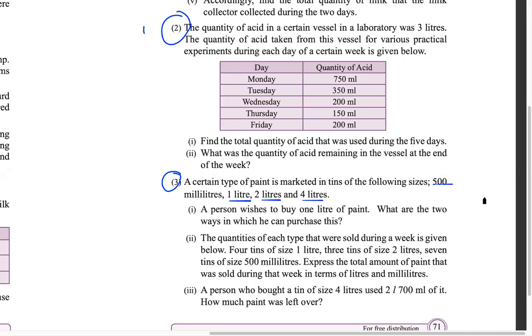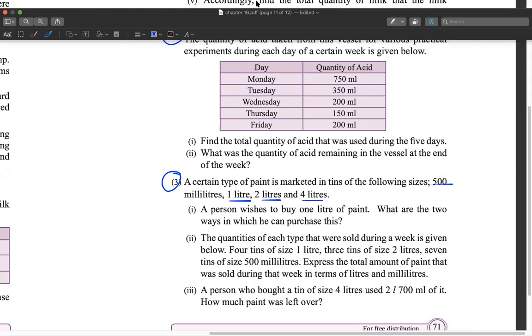Yes, correct. So you can buy 2 tins of 500 milliliters. So they are the two ways. First one is buying a 1 liter tin. The second one is buying 2 tins of 500 milliliters. So they are the two ways that you can buy 1 liter of paint. Understood? Okay. Answer the rest of the questions quickly.